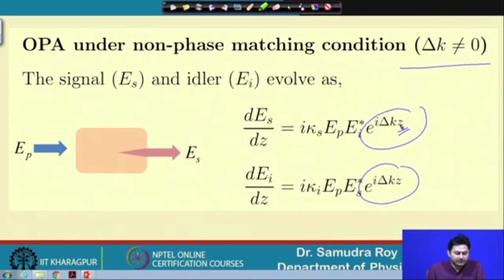In this figure we pictorially show how, using a pump, we can amplify this E s, the signal that is amplifying. That is why the gain term is there, as mentioned in the first slide, and we will also calculate that part.